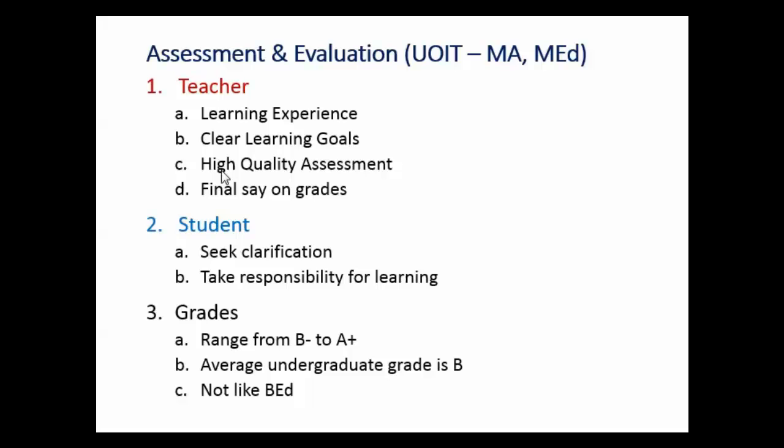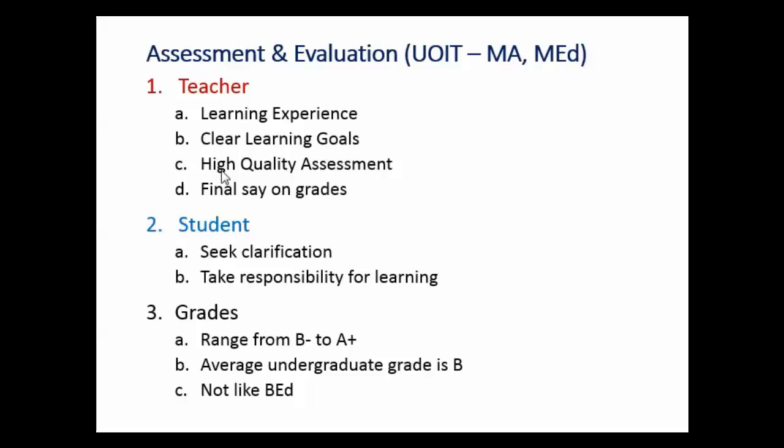That would be unusual. If the undergraduate grade is a B, there may be reasons why it's a B, maybe not taking things as seriously or whatever, so we might expect a bit of a rise, but we certainly wouldn't expect our students to be all of a sudden getting A's and A pluses. That would look rather unusual, particularly when we're being evaluated externally and accredited as a program. And we have to consider that.